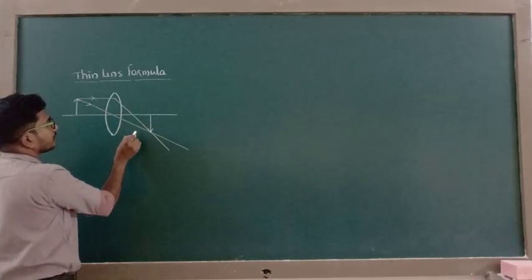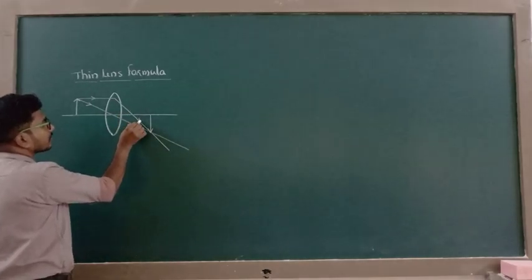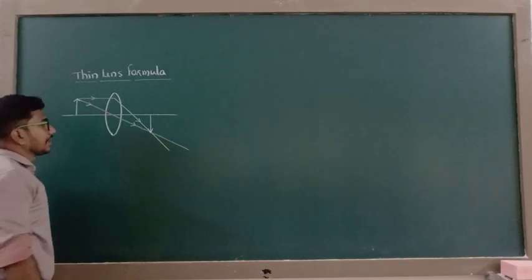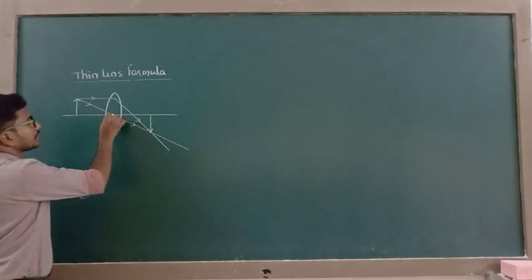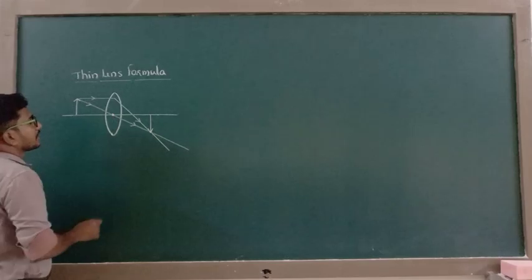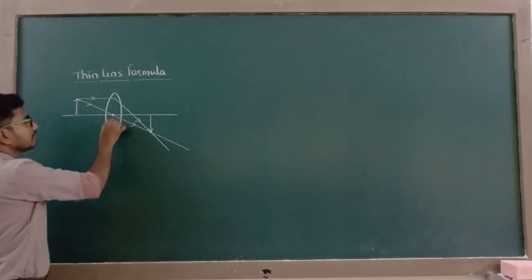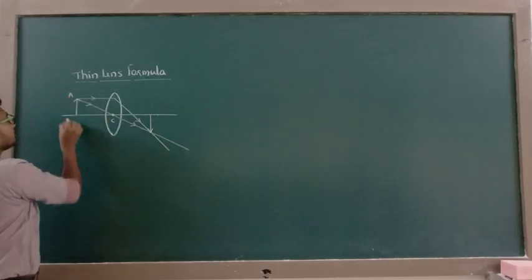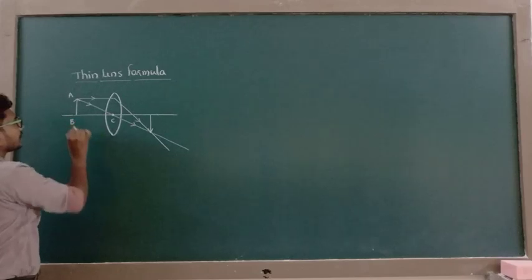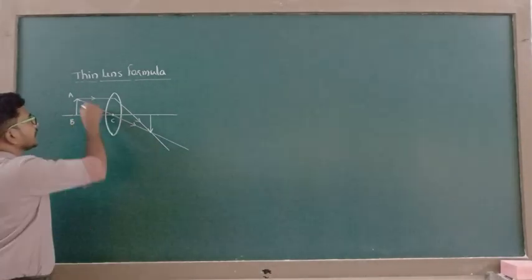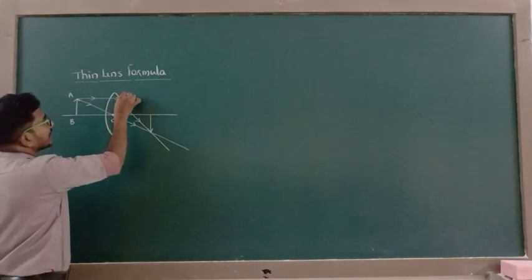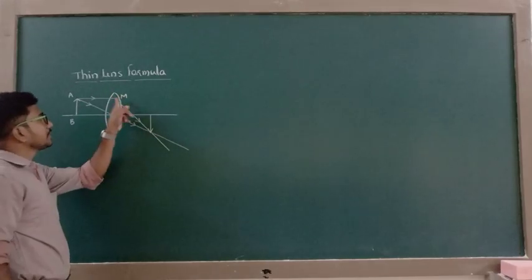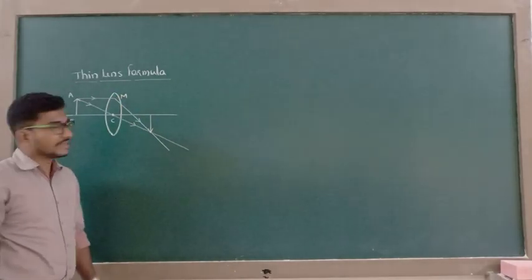Direction of refracted light rays. Direction of incident light rays. Let us say this point is the optical center C. AB, the object, lies on the principal axis. AM is an incident light ray, where M represents the point of incidence.